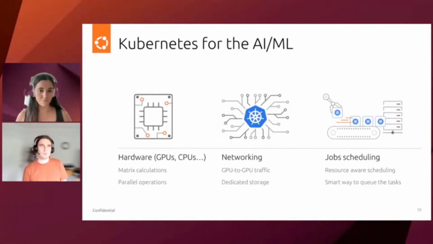It's way better if you could schedule on the low level. You need to be smart about how to queue the tasks and how to schedule your workloads wherever the hardware is, really. And there are specific optimizations for Kubernetes there as well.